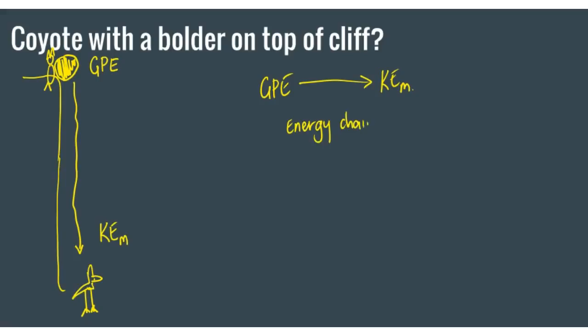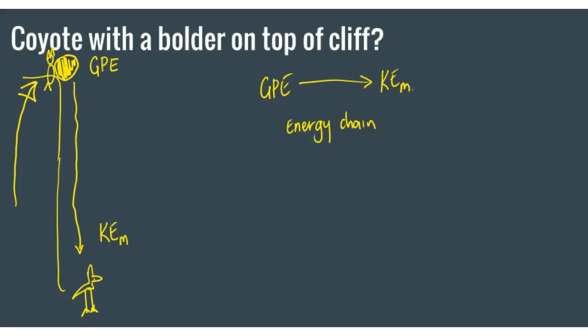But that's actually not the entire picture. How did he actually get gravitational potential energy into that? He had to push it up the hill, didn't he? To do that, he had to put an awful lot of work into pushing that boulder up. Where did the energy come from to push that boulder up the hill? Well, if you push something, you need energy that comes from your food.